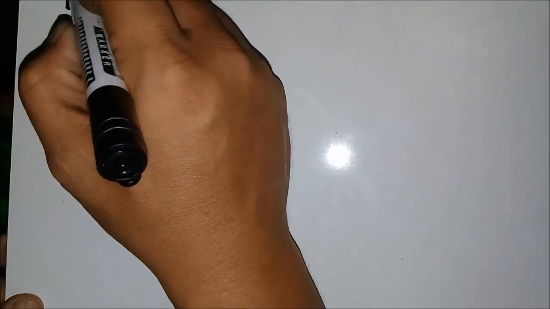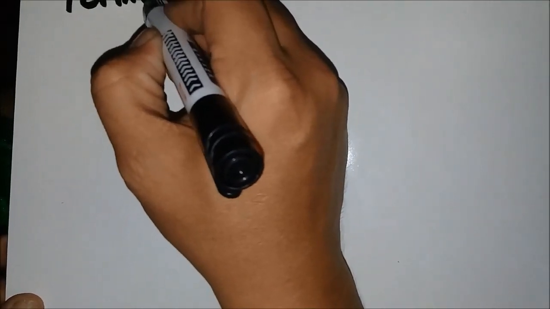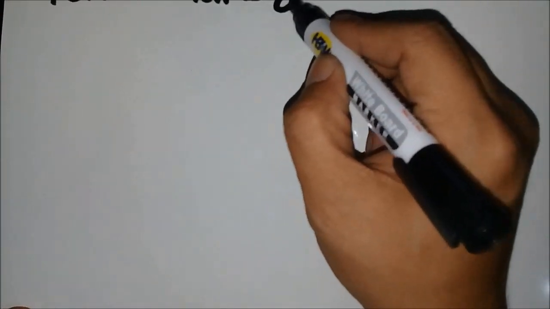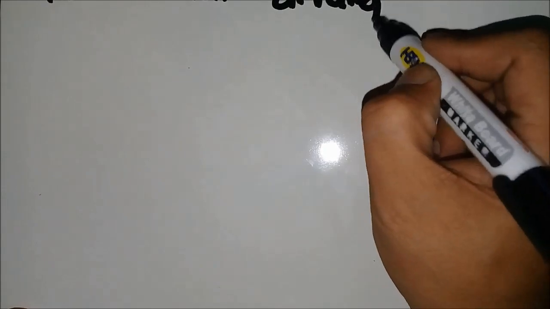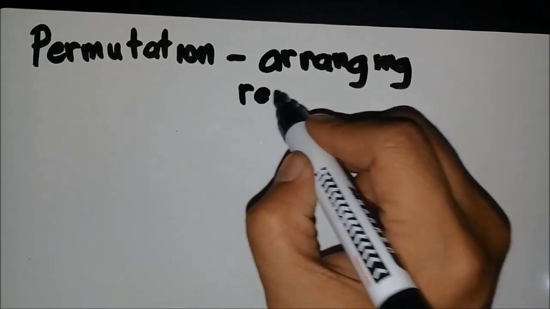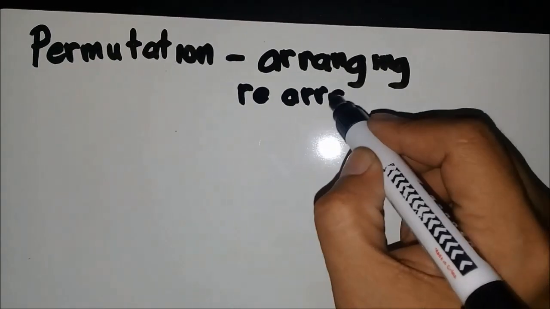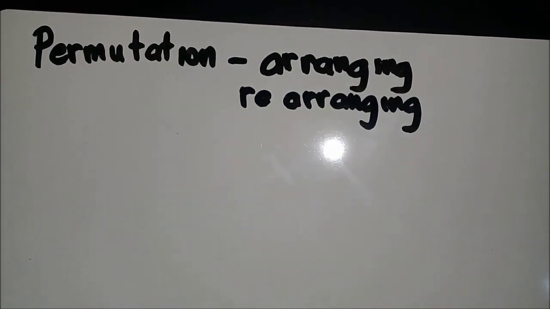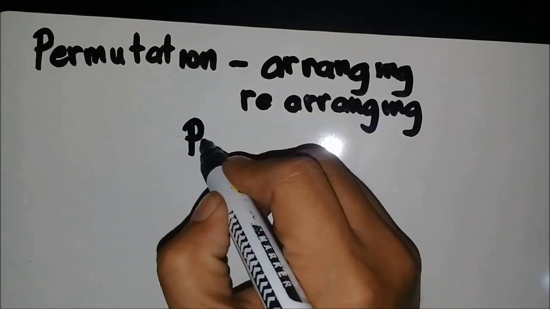So, permutation is an act of arranging, or, if the set is already arranged, an act of rearranging members of a set into a sequence or order. That process is called permuting.